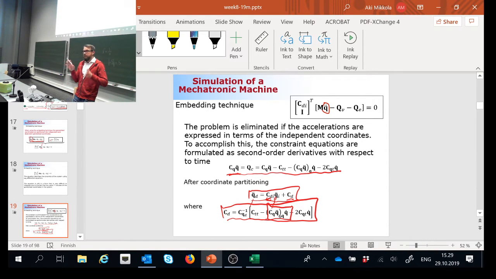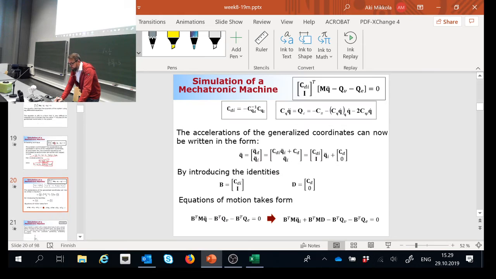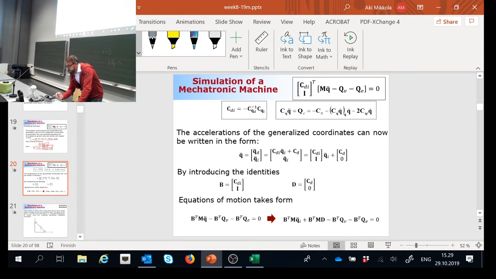Again, it looks bad, and it is bad. But we just wanted to use this coordinate partitioning at the acceleration level, and we're going to make it happen in this equation.